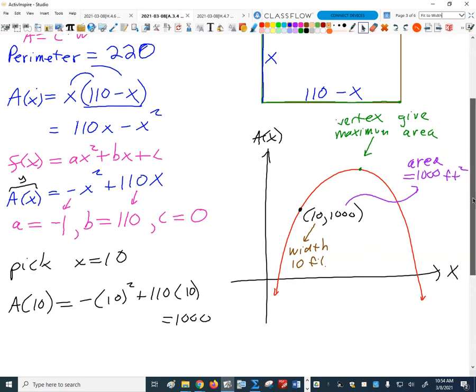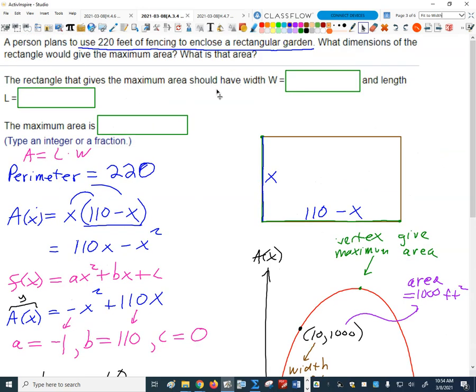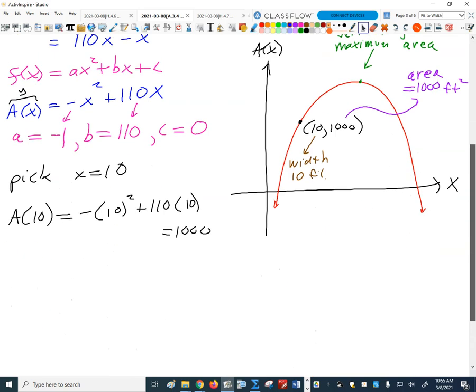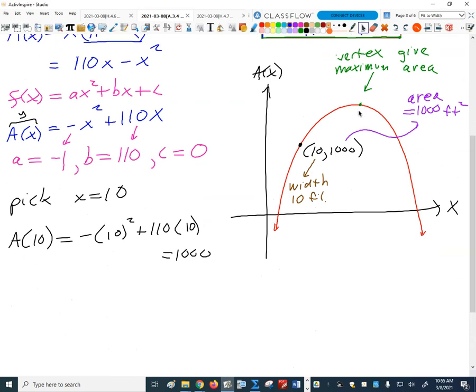And so if we're trying to find the width that gives us a maximum, what's the value of x, because x is width, that produces a maximum, all of that is going to be given to us by the coordinates of the vertex, right?